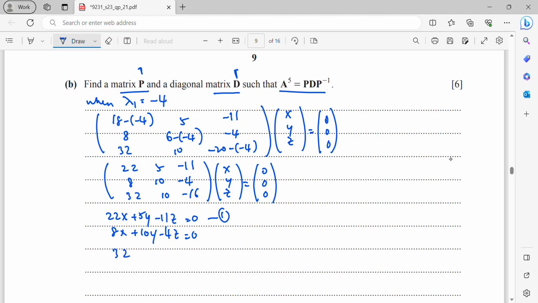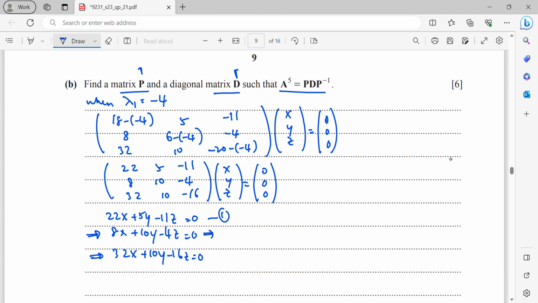Then the next one is 32x plus 10y minus 16z equals 0. I need to solve the simultaneous equations to get the eigenvectors. So I will make the second equation have the same x term as the 32x, which means I have to times 4. Then I will solve these two equations.